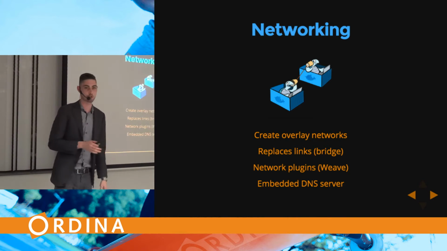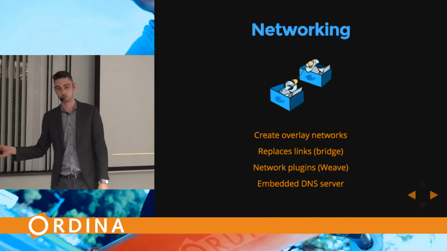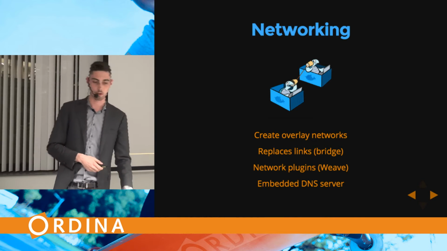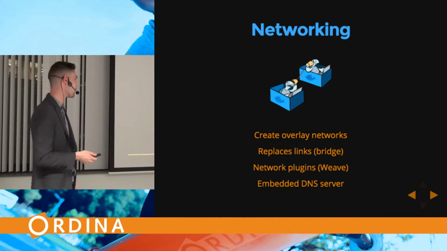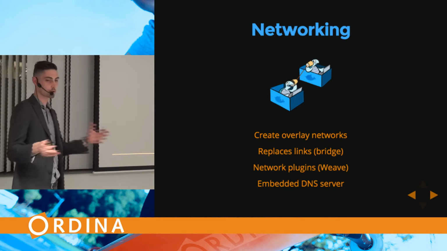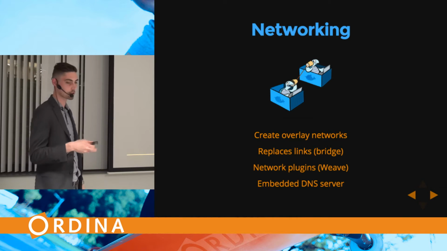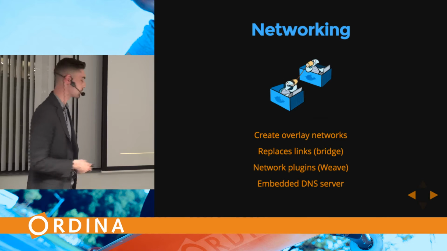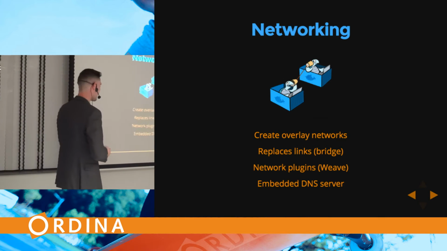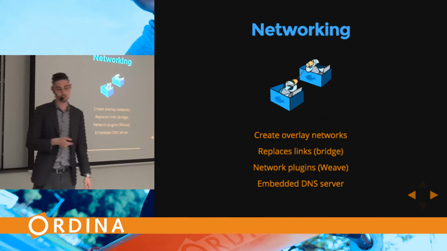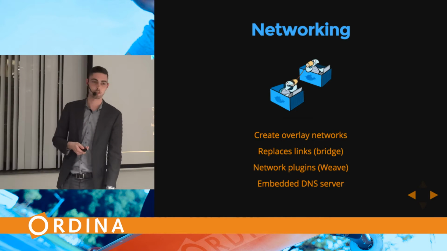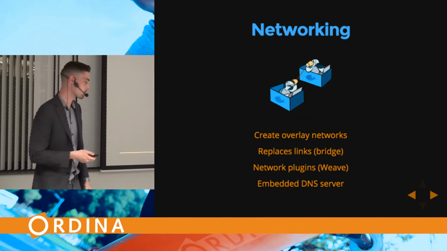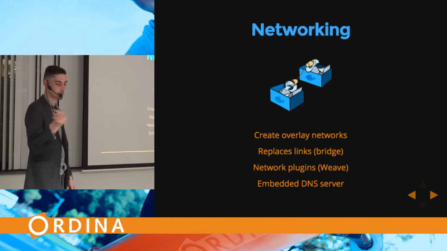So they fixed that by using networking. It allows you to create overlay networks, so you can just create a network with a certain subnet, and your host will be able to see it. You can just say, okay, this container must run on that network, and it will magically work. And they fixed this by embedding a DNS server inside the Docker daemon, so they no longer use the host file or whatever.